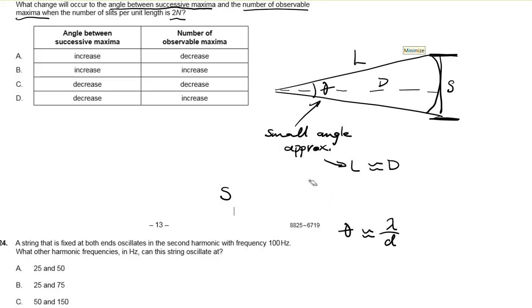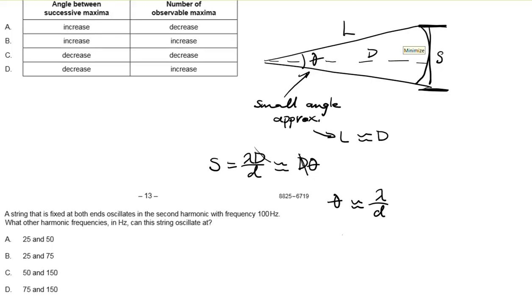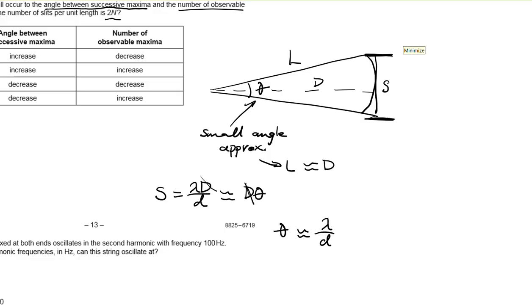So what we can say is D theta is roughly equivalent to lambda D over d. And so we get this, the D cancels out, and we can use this to estimate.